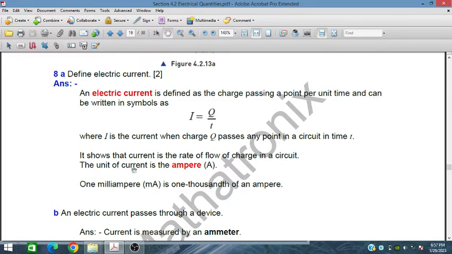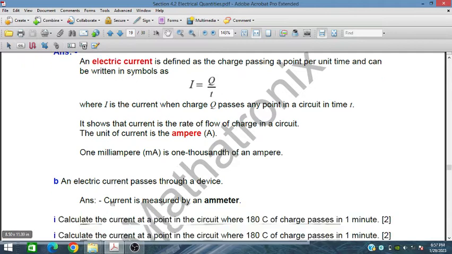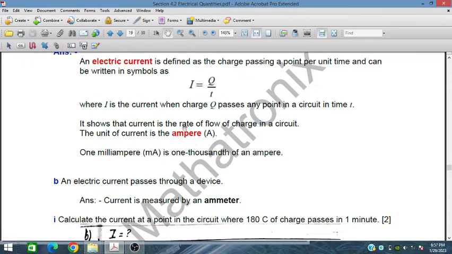In a circuit, the unit of current is the ampere, and 1 milliampere is the 1,000th of an ampere, a very small quantity. The ampere is a bigger measuring unit, and the milliampere is a smaller measuring unit. It is the 1,000th of an ampere.